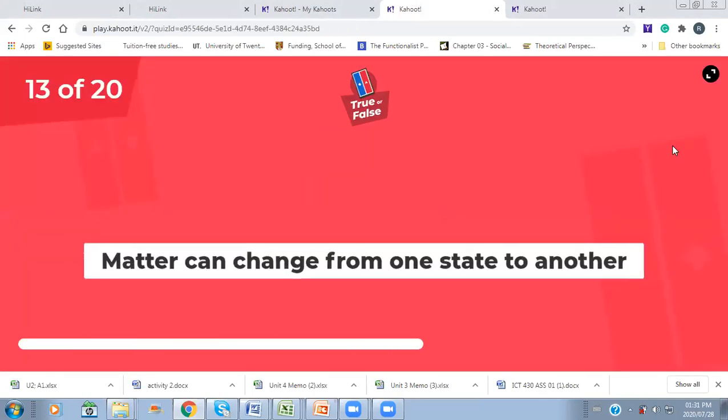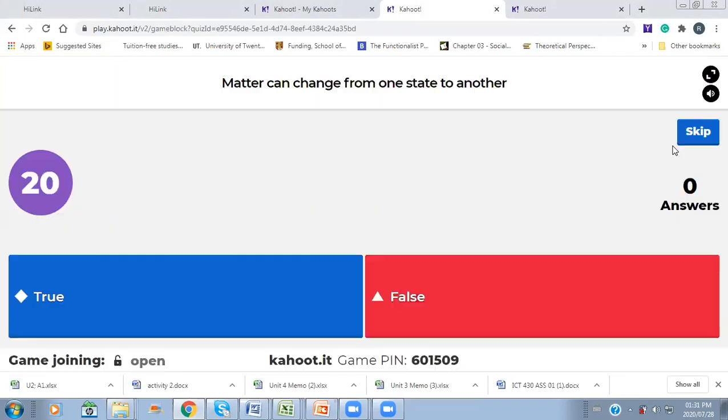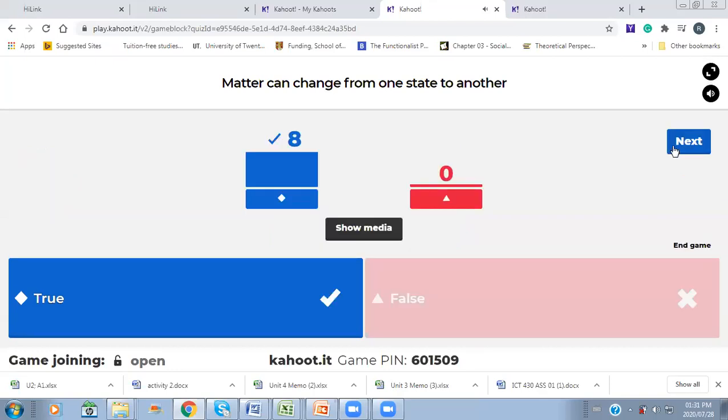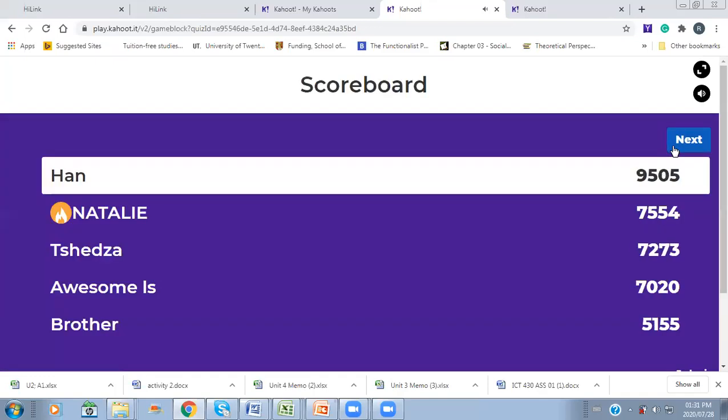Matter can change from one state to another. Yes, everybody got this one. So let's continue.